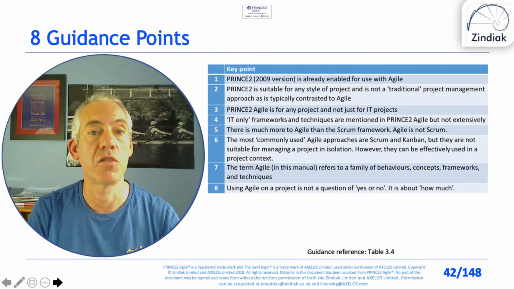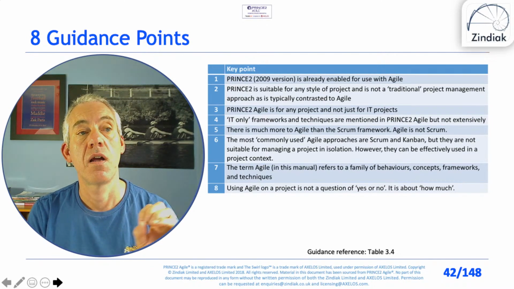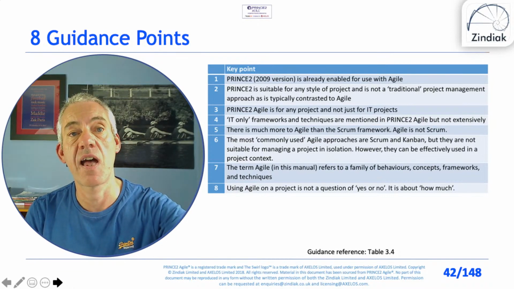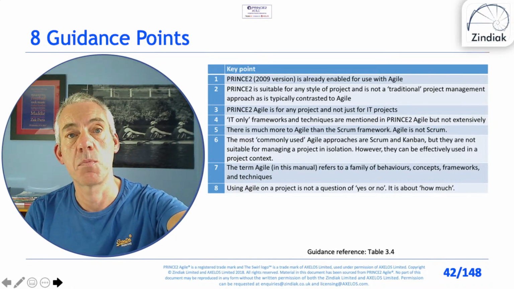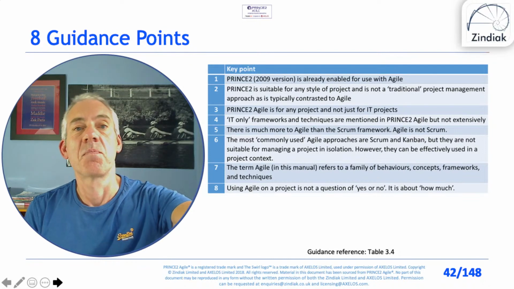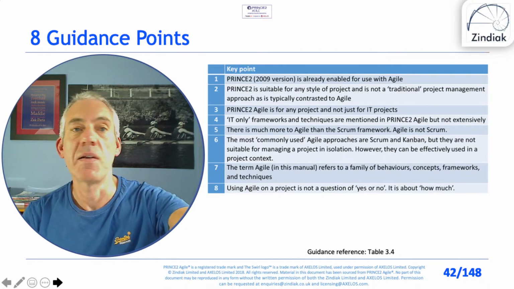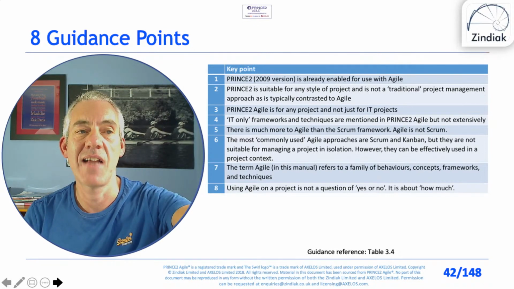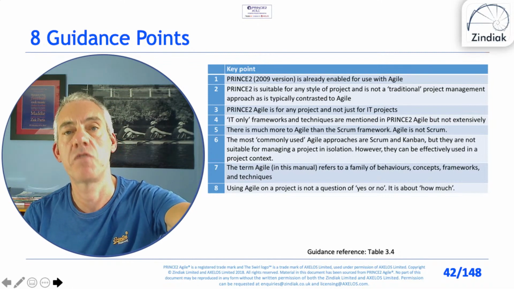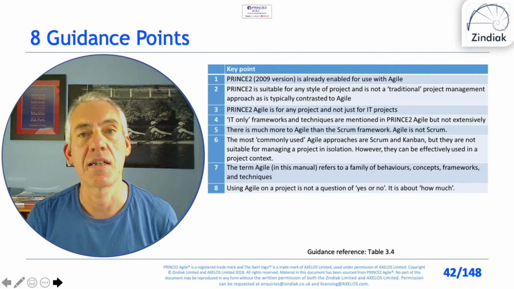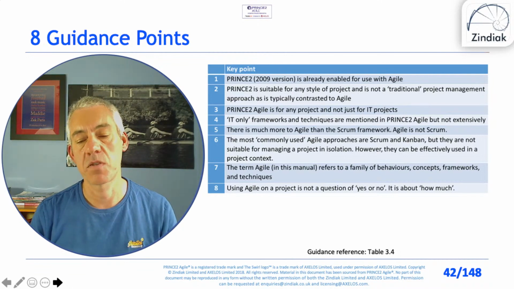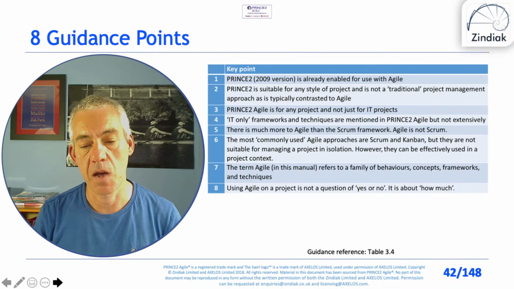It's not do we or don't we, it's about how much. There will be a question on the exam on those 8 guidance points. You don't necessarily need to memorize them word for word, but you need to be able to recognize them when you see them for the exam. So do spend some time on that.